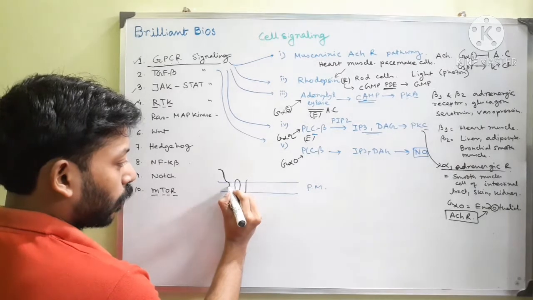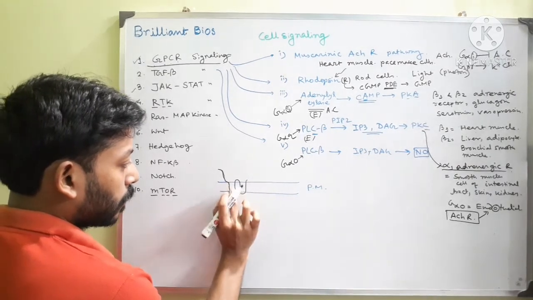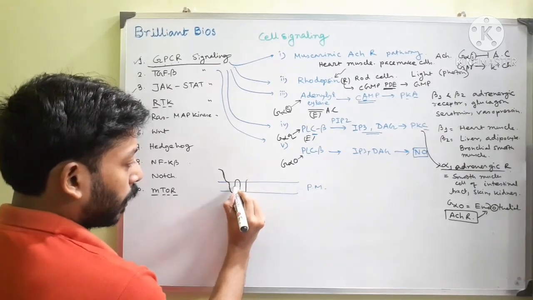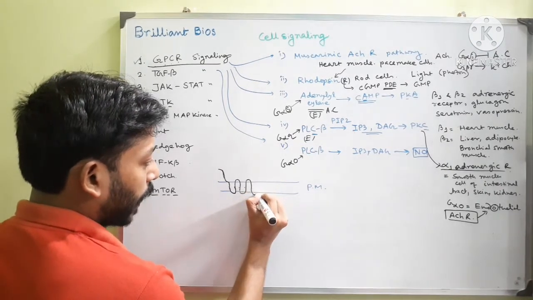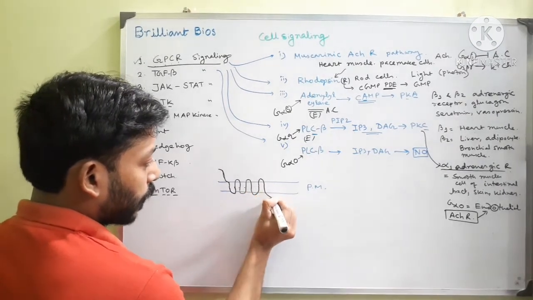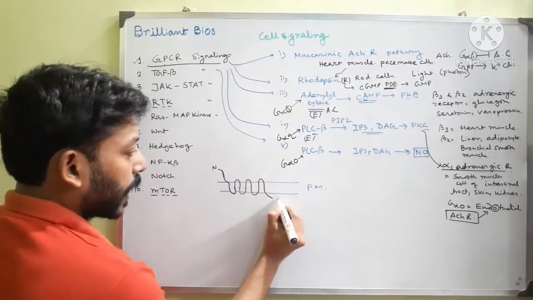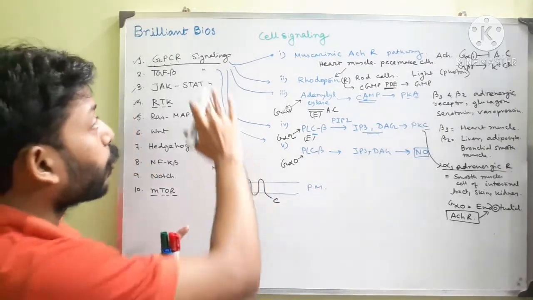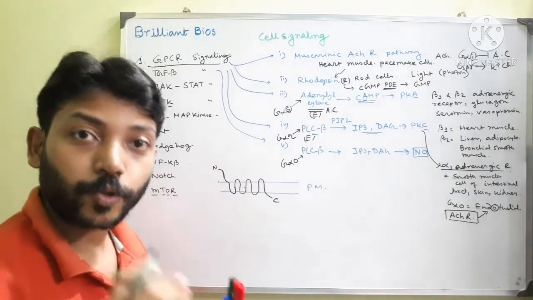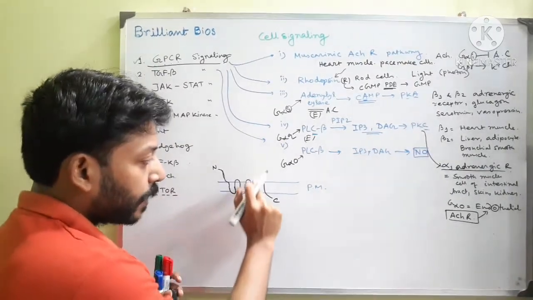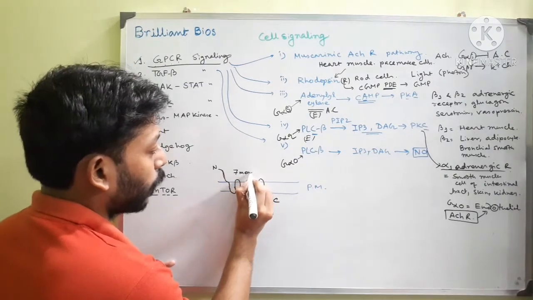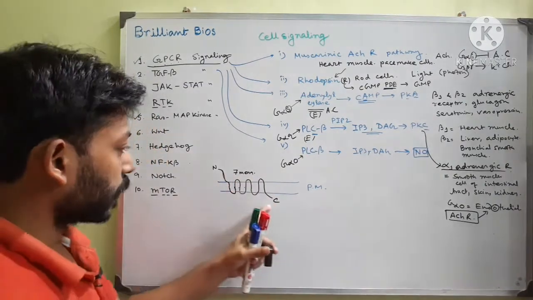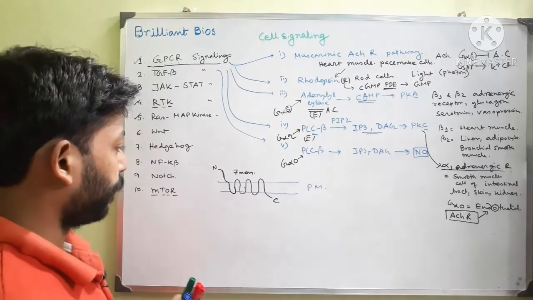So you can see here 1, 2, 3, 4, 5, 6, 7. So this is the N-terminal and C-terminal. So a G protein coupled receptor is a protein that passes through the membrane 7 times. So this is called the 7 transmembrane domain. This is the N terminus, and the C terminus is present in the cytosol.